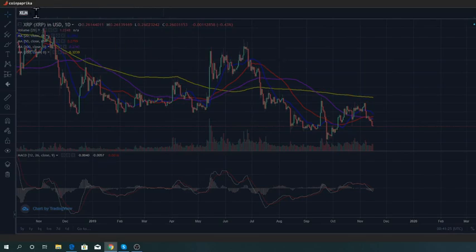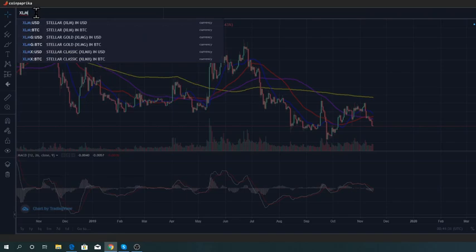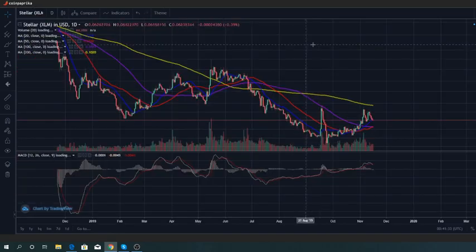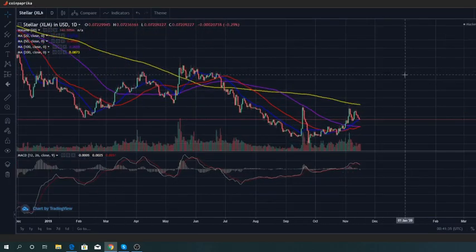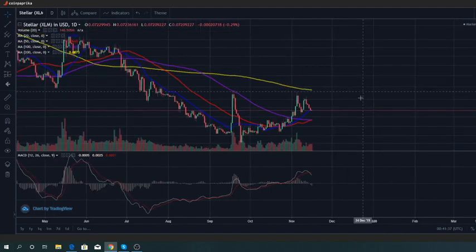Now we are going to look at XLM to USD, and this is the daily. Compared to all others, there is positive news here, right? The 20-day moving average has managed to cross the 50 and 100, and it's still moving up high. At the same time, the 50-day moving average is crossing the 100-day. Now for XLM, you are getting actually a golden cross here, and for cryptos for the last couple of months or so, we are getting a price crash or correction when we get a golden cross.